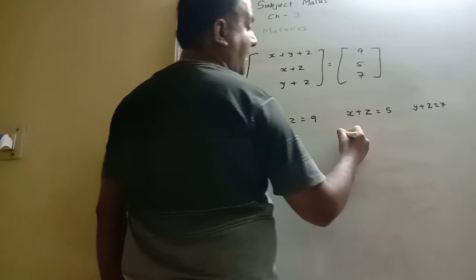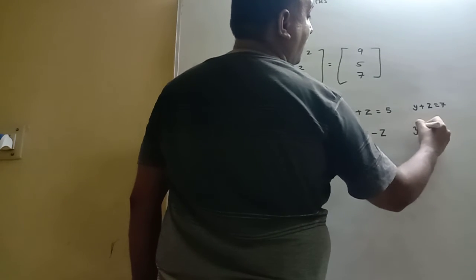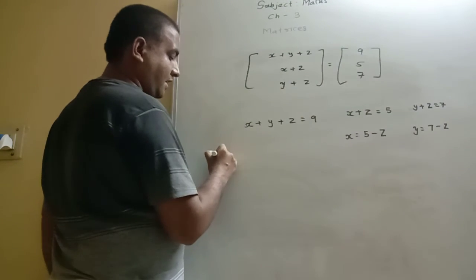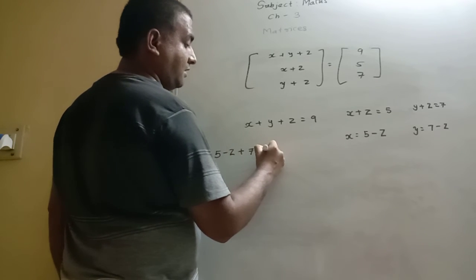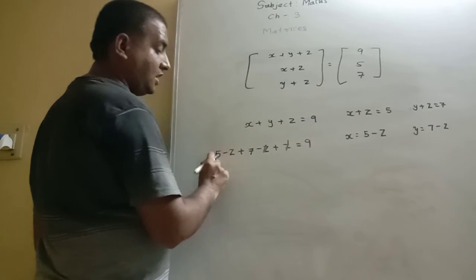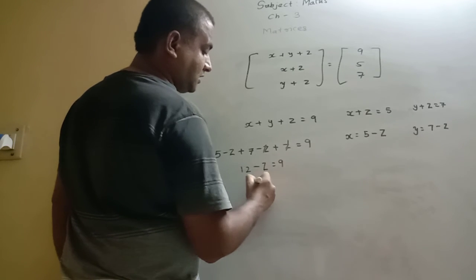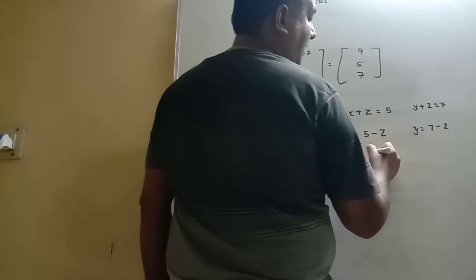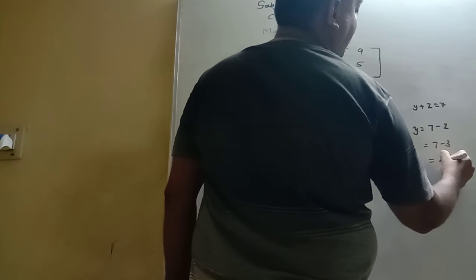So from this we can write that x equals to 5 minus z and y equals to 7 minus z. Substituting both the values in this equation, then 5 minus z plus 7 minus z plus z equals to 9. So 1 z cancels. So 12 minus z equals to 9, and so z equals to 3. Z equals to 3, substituting here, 5 minus 3 it is 2, and here 7 minus 3 it is 4.